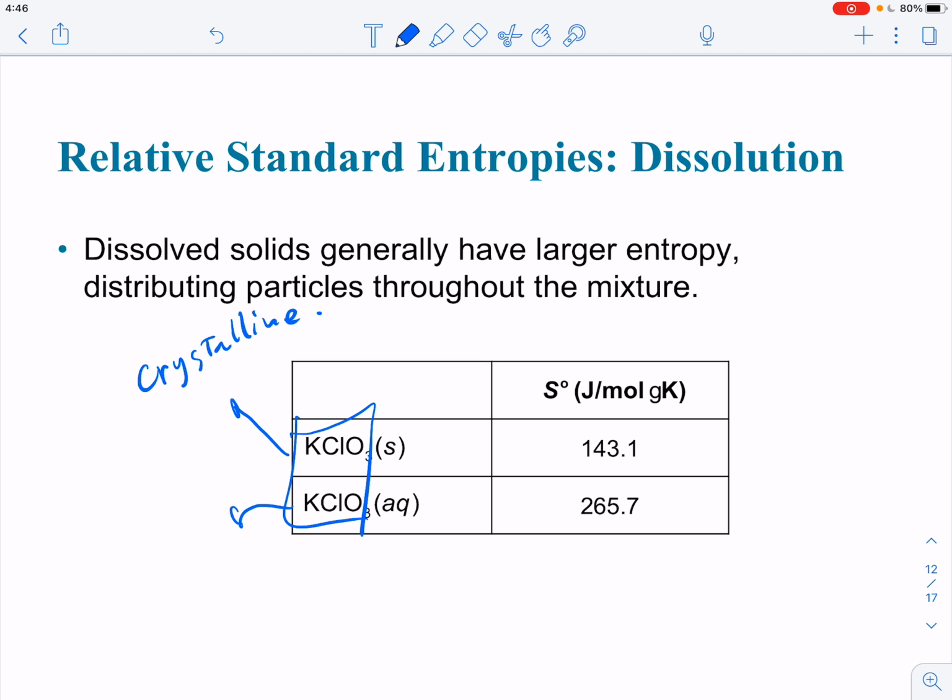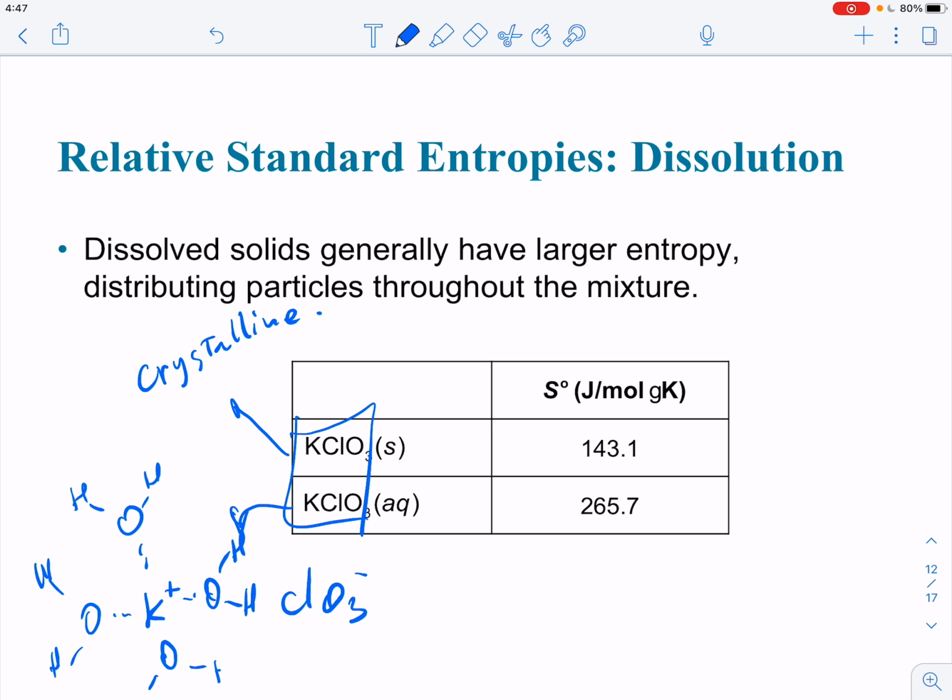But when they are dissolved, then they are solvated. That means you have potassium on one side and chloride on the other side, and then water is going to be surrounding each one of those ions.